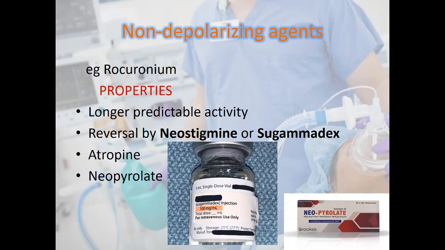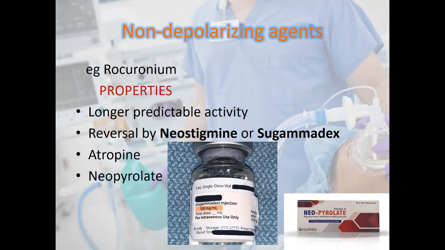Neostigmine, along with other anticholinesterase inhibitors, can stimulate the muscarinic receptors in the airway smooth muscle, which can lead to bronchospasm. So whenever we are using neostigmine, we have to attenuate these adverse effects by concurrent administration of an anticholinergic agent like atropine or glycopyrrolate.